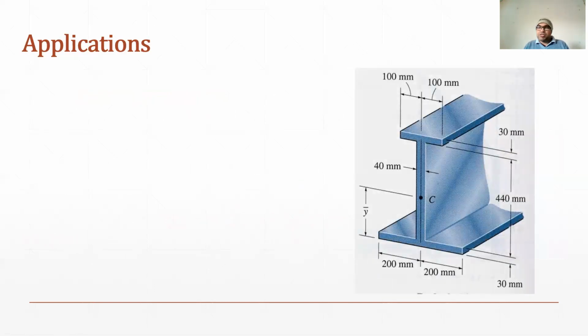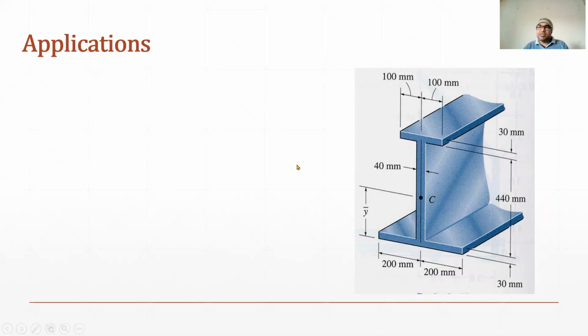Similarly, in structural design, there are many structural elements that can be used in building construction. When we analyze any section, determining the centroid, which is the geometrical center of an area, is very important for the analysis.